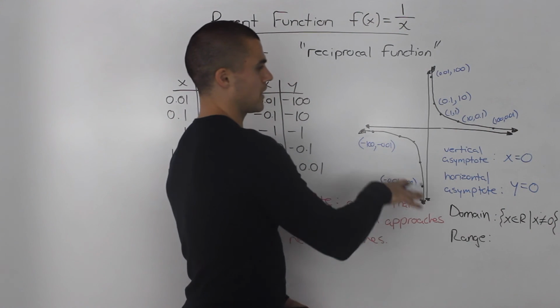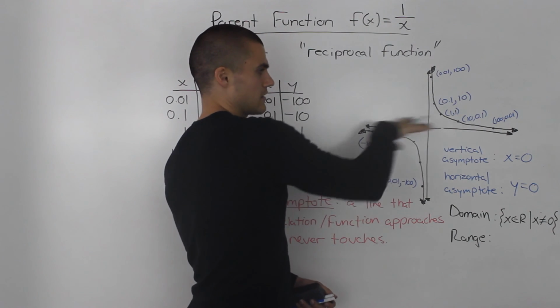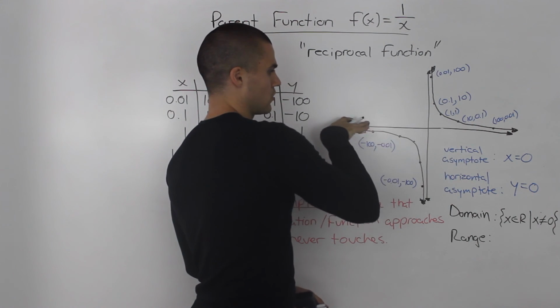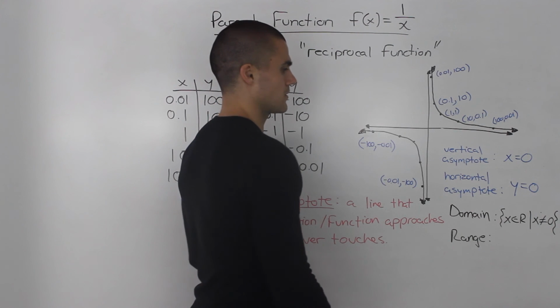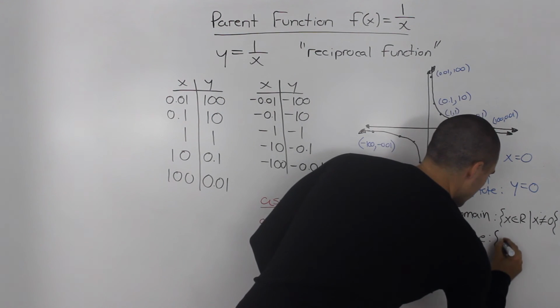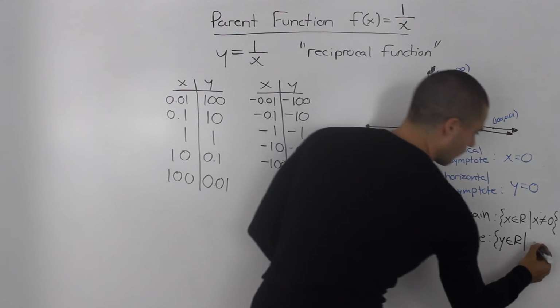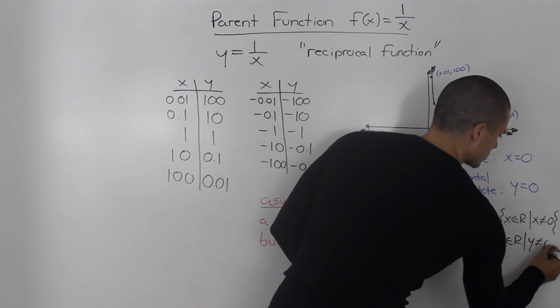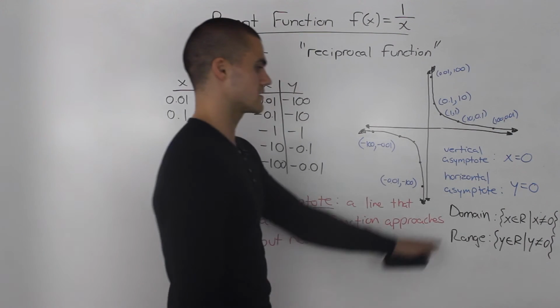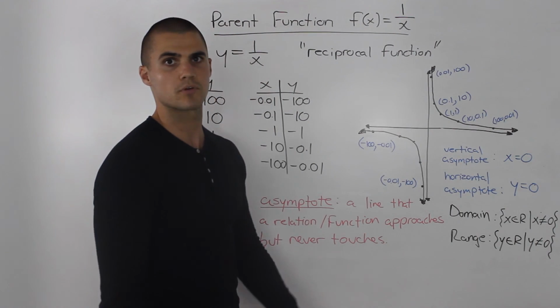And then same thing for the range. The y values can be anything but 0 because there's a horizontal asymptote at y is equal to 0. So the y values can take any value. Y is an element of real numbers, but y cannot equal 0. And that's the domain and range of the reciprocal function.